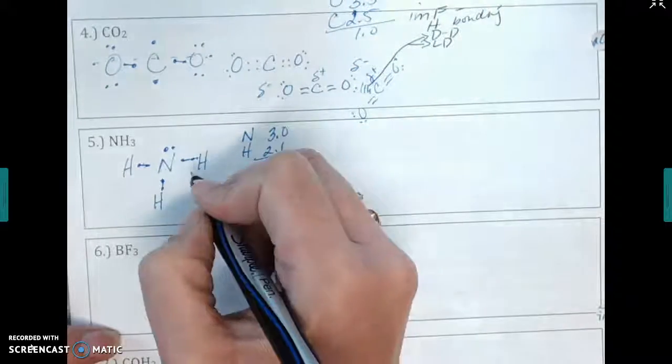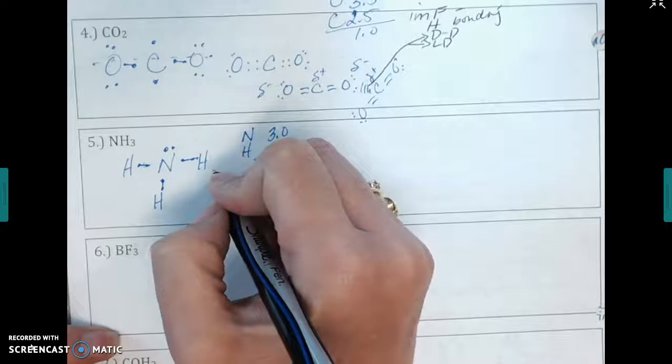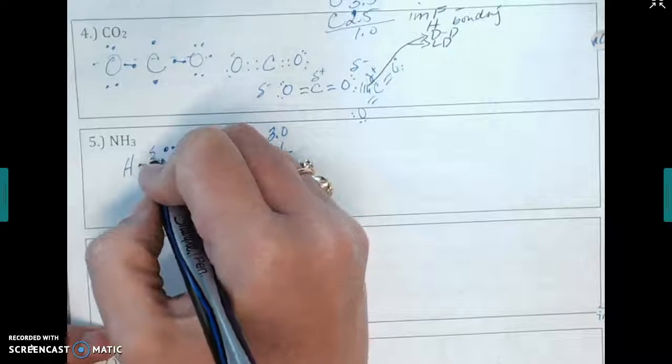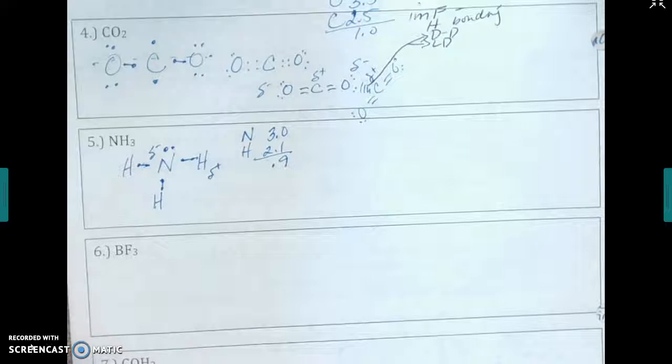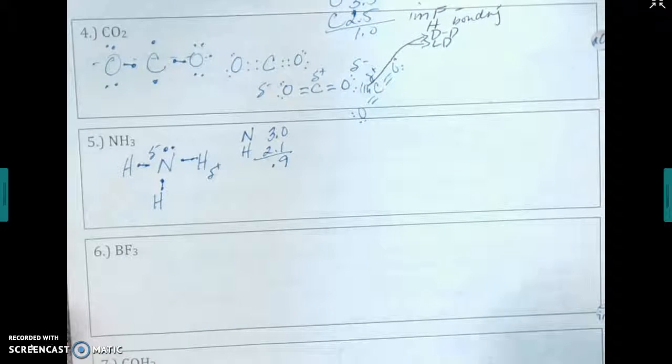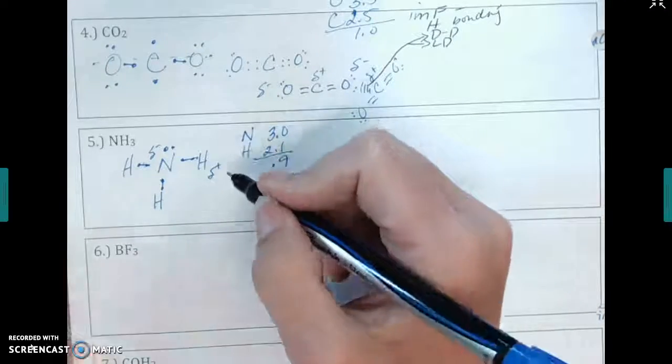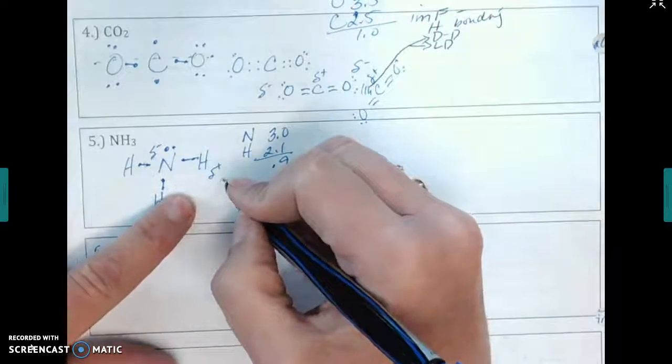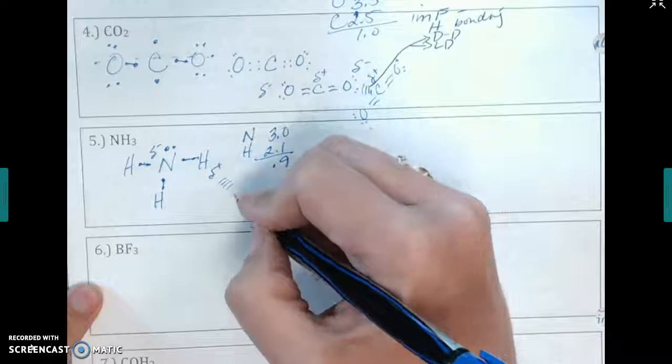So that means that this hydrogen is going to be slightly positive and the nitrogen is slightly negative. Right? Questions?